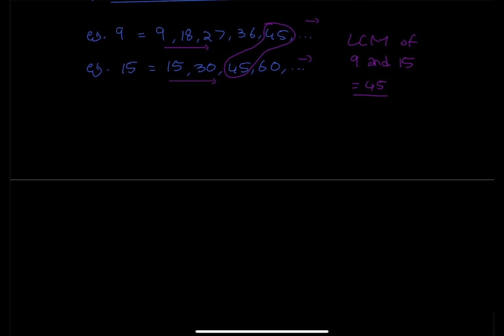Now let's look at something called factors. Factors are basically a whole number that divides into a number exactly. Let me just write that down. Whole number that divides into it exactly.